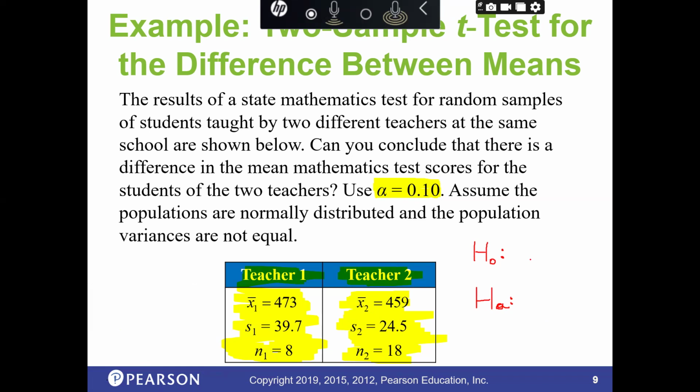Taught by two different teachers at the same time. Can you conclude that there is a difference? Okay, gotcha. That's all I needed to know. So null hypothesis is mu1 is equal to mu2. The alternative hypothesis is mu1 is not equal to mu2, and that guy is the claim. Does that make sense so far?